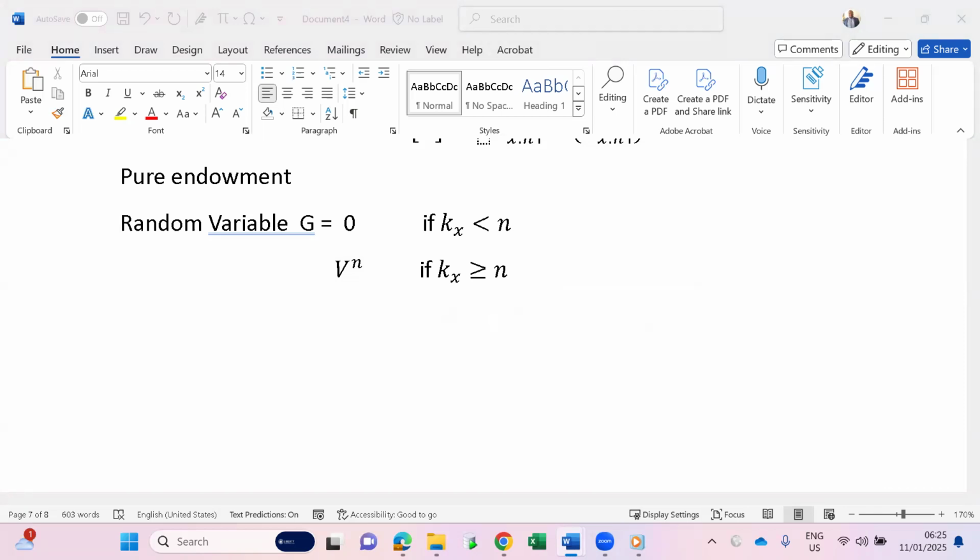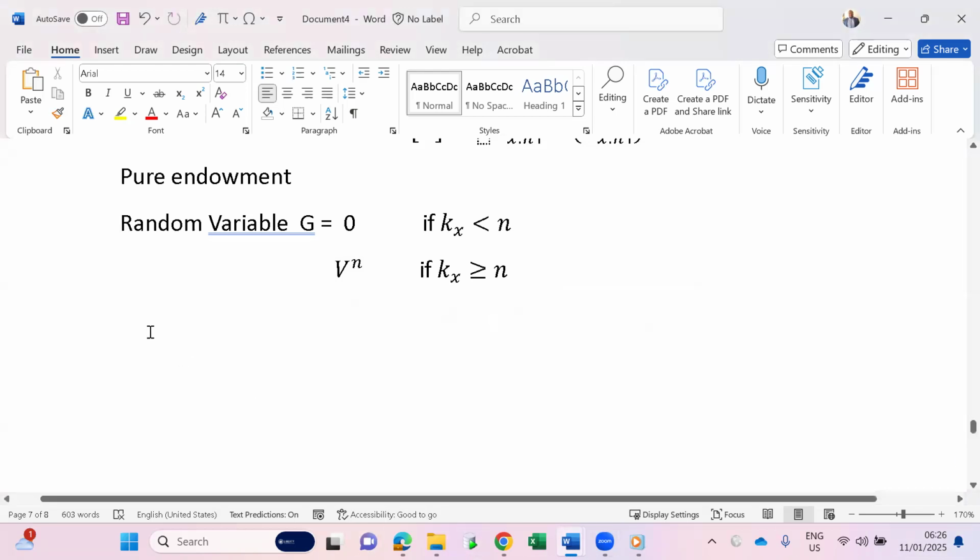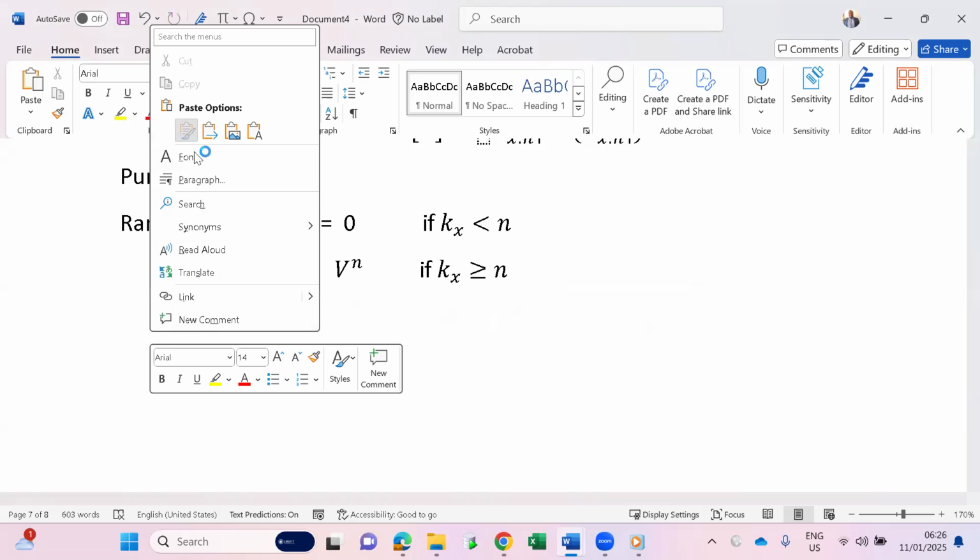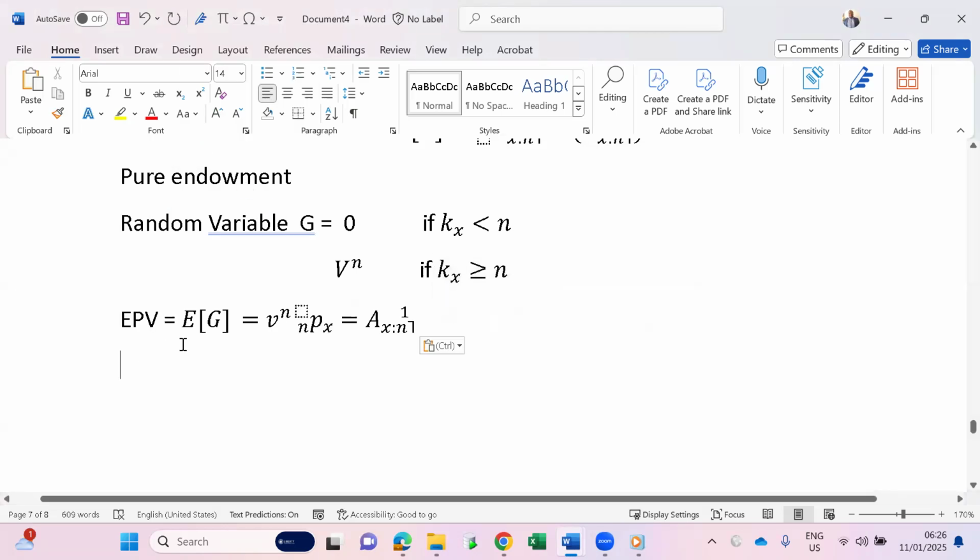We now move on to the expectation. The expectation of this is v^n times nPx. So we are going to pay you provided that you live to those years. And then we introduce the notation. Note here the 1 is on top of the n to ensure that we're paying you.